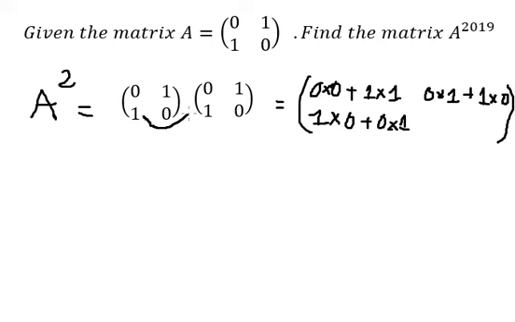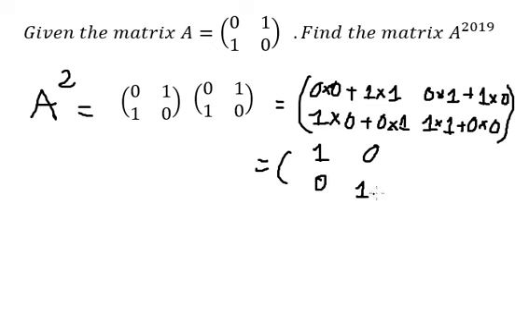So number 1 with number 1 and number 0 with number 0. And this one we have 1, 0 and 0, number 1.